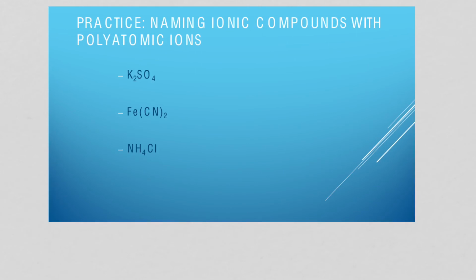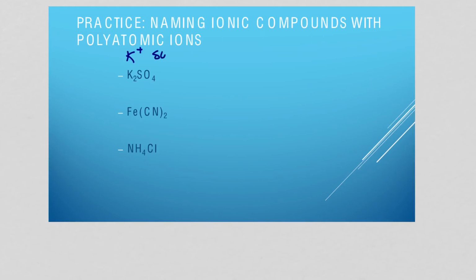So let's close out with a little bit of practice. So first thing is to identify what we got going on. So first of all, we remember that potassium is a positive 1 ion, and the SO4, right? This is the sulfate ion, right?